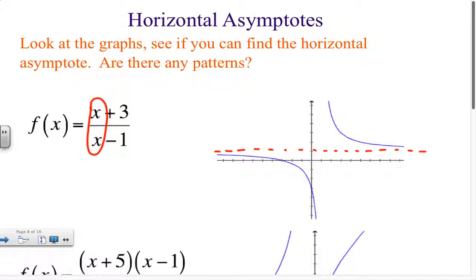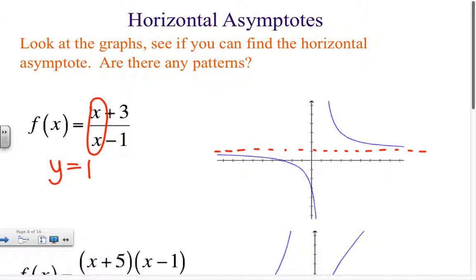So if the degrees of your leading terms in the numerator and denominator are the same, then you're going to have a horizontal asymptote at whatever the coefficients are divided by one another. So 1 divided by 1 is 1.